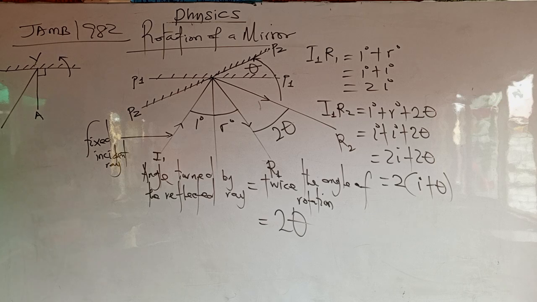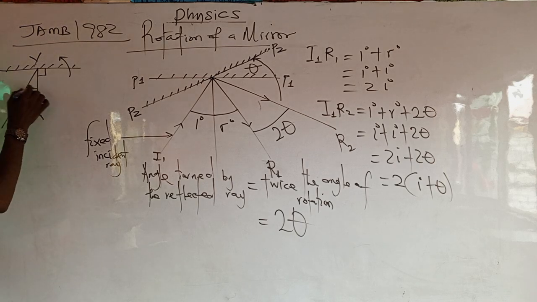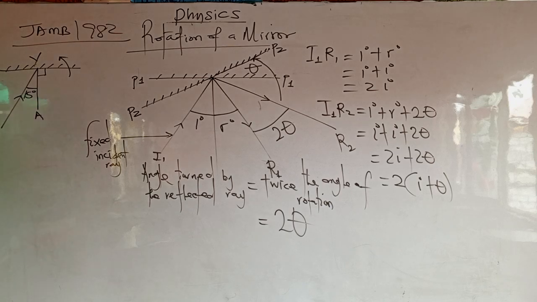Now listen to the question. It says, in the figure below, an incident ray XY makes an angle of 15 degrees with a fixed line AY, which is not the surface of the plane mirror. So it means the angle between this place is 15 degrees.